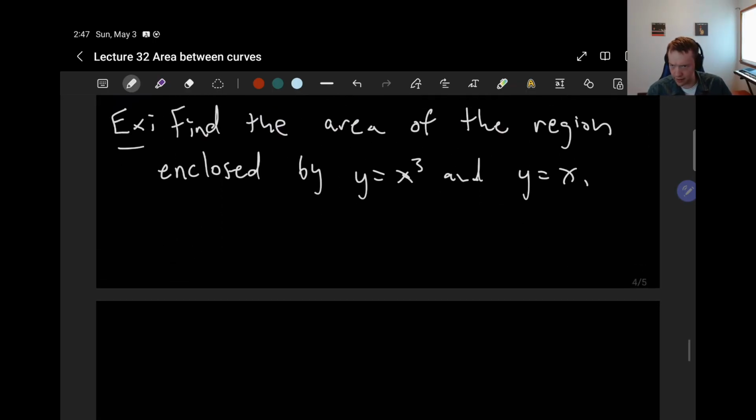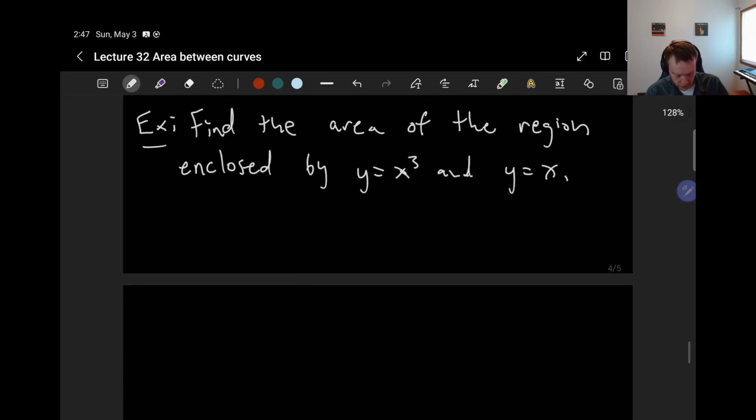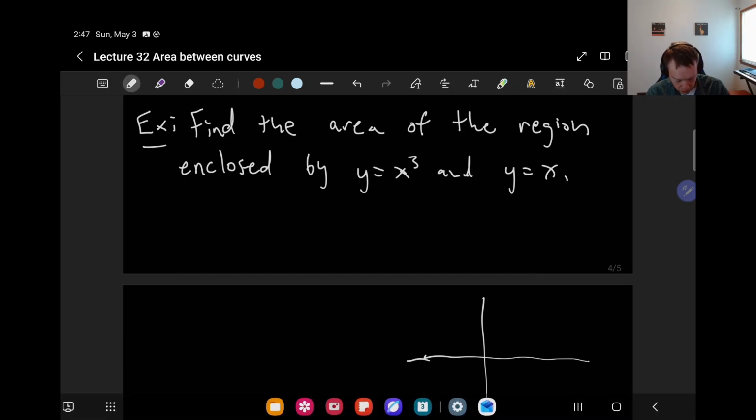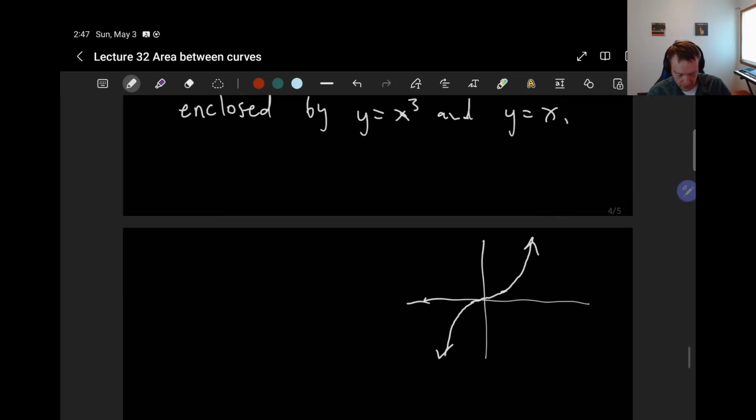So let's try providing a rough sketch. I'm going to go down here. x cubed looks like this, kind of. And then you also have the line y equals x, just this perfectly diagonal line passing through the origin.